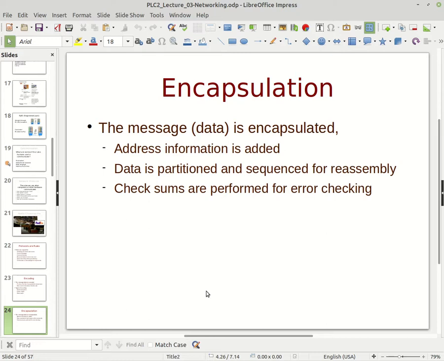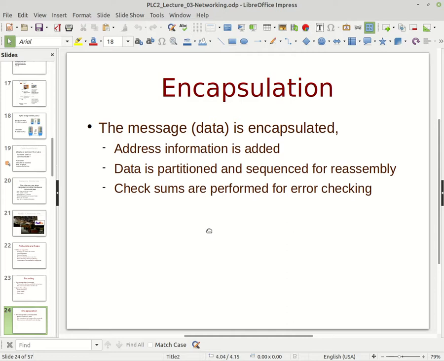So the data needs to be encapsulated, like into the envelope. As I said before, we take the letter, fold it up and slip it inside that envelope, which has an address on it. That is the encapsulation piece.